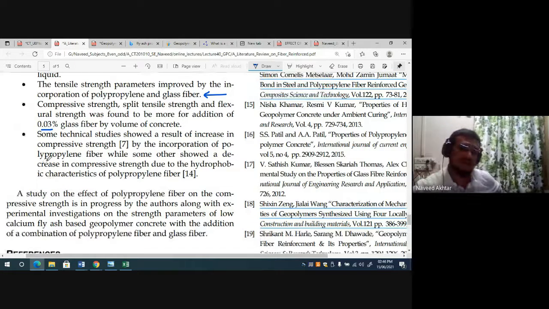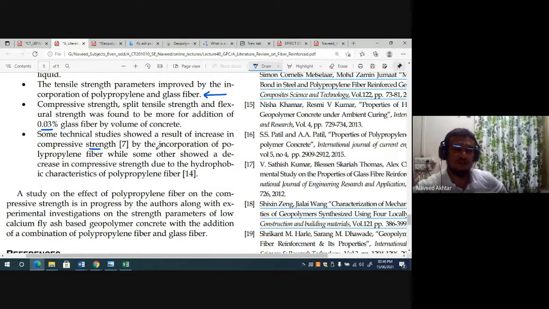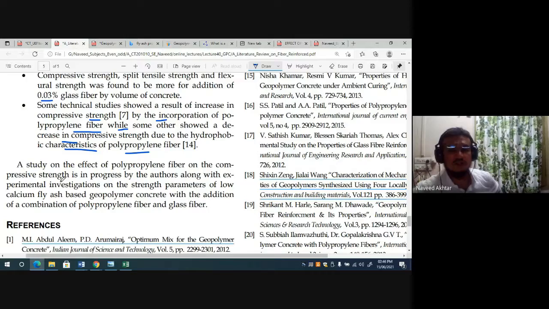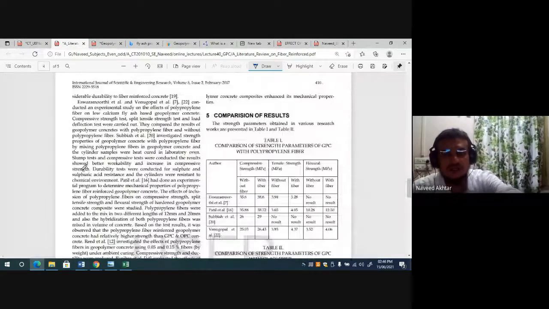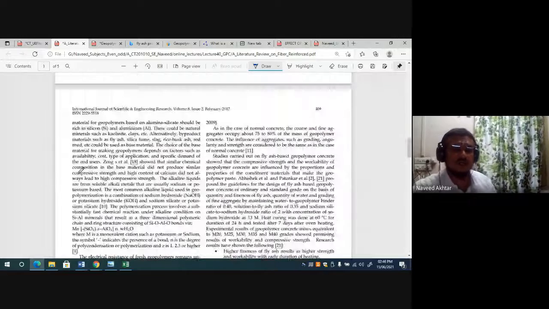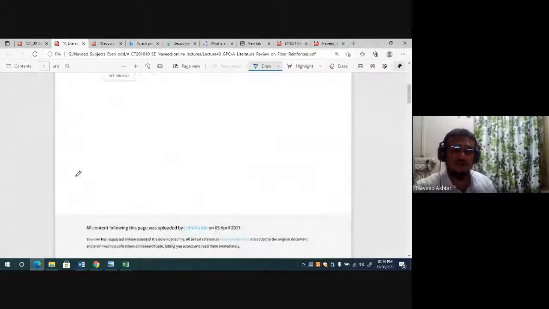Some studies showed an increase in compressive strength with polypropylene fiber, while others showed a decrease due to the hydrophobic characteristic of polypropylene fiber. So many researchers have written about geopolymer concrete.